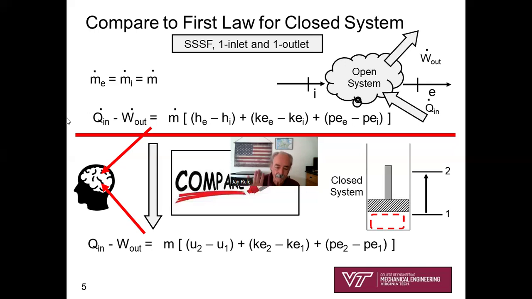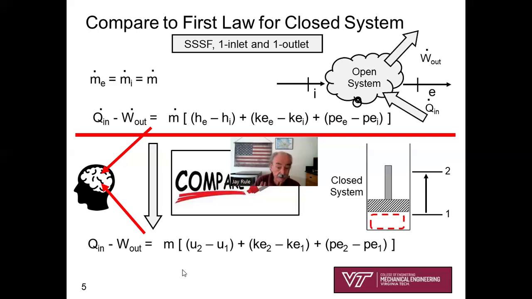Now let's think about what you have in your head. Here's my closed system sketch. There's my system, with my dashed line. It's a substance contained within a piston and cylinder. I'm changing states from 1 to 2, going through a process 1 to 2, slowly, a quasi-equilibrium process.